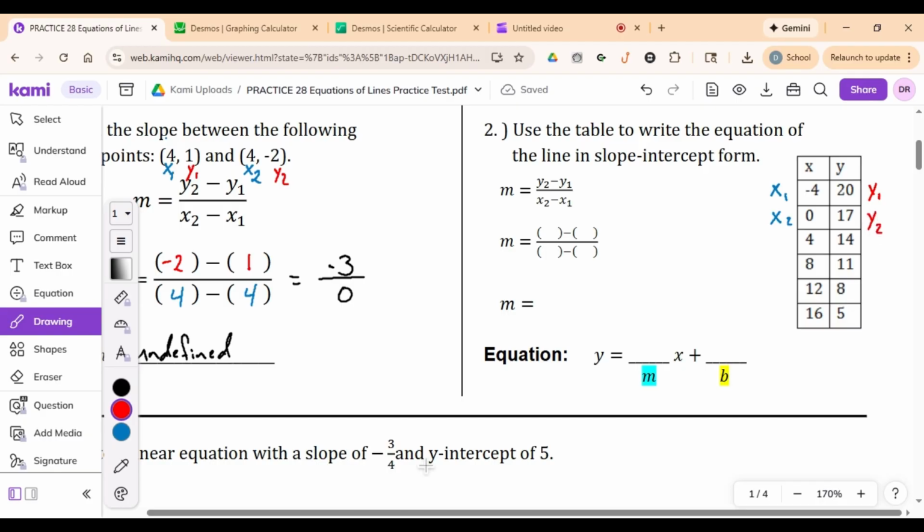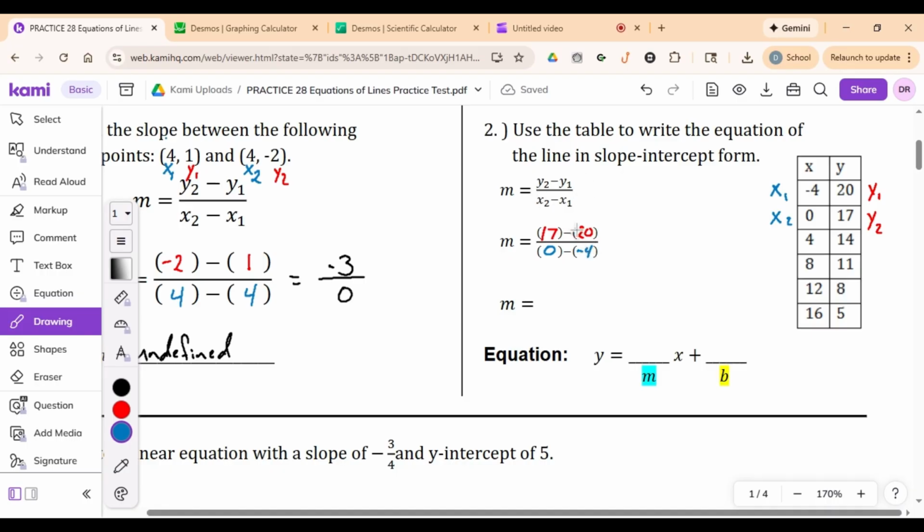So then, just like before, we can put these numbers into our formula. Y number 2 is what we start with. Over here, that's a 17. Y number 1 is a 20, so we can put that here. After that, we have 0 for x number 2, so our second x value is 0. And then our first x value, -4, goes in that last spot there.